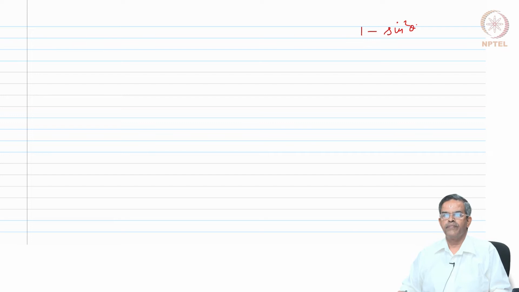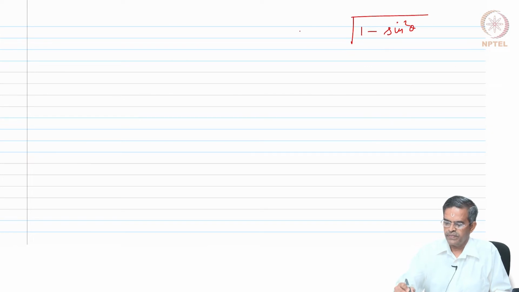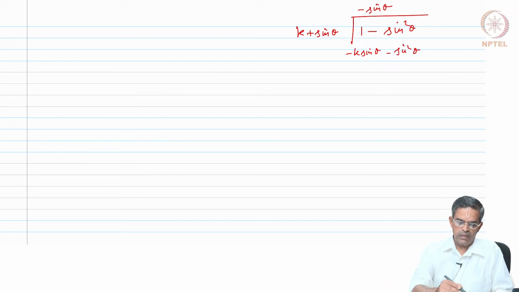So, let us divide 1 minus sin square theta by k plus sin theta. Okay. So, if I say minus sin theta, this becomes minus k sin theta minus sin square theta.